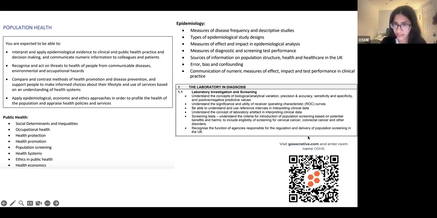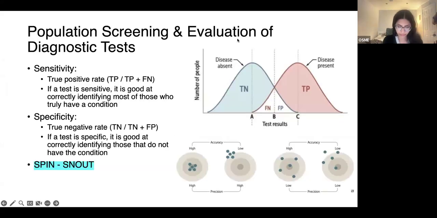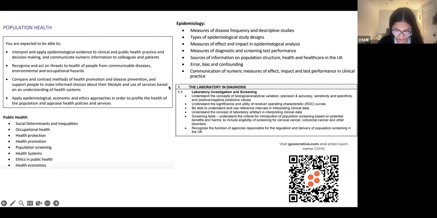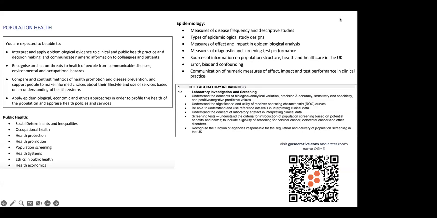So the room name is Osmi. Sorry, has anyone joined the room? If someone could just unmute and let me know. I have, I think.